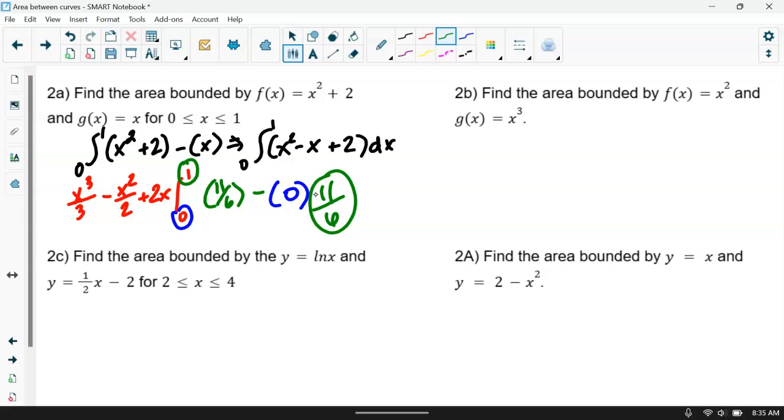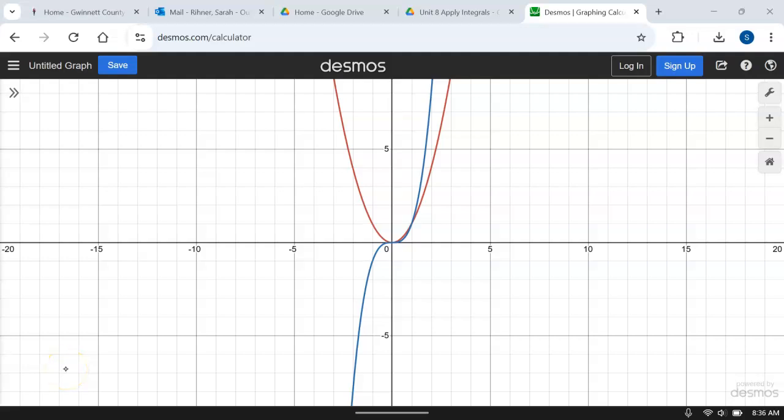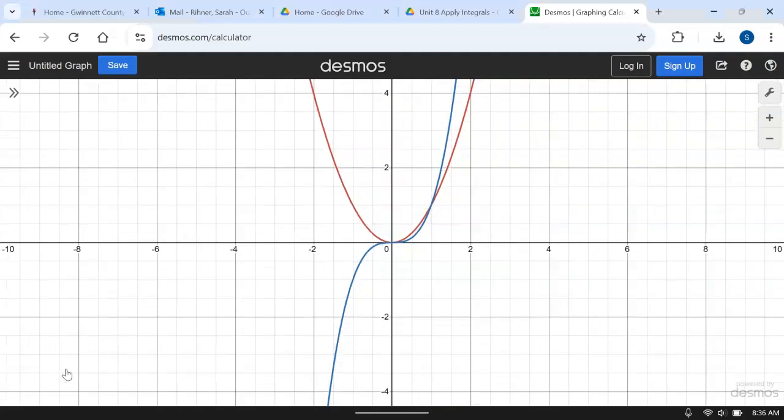So here, now notice we'll do 2b, but we're not given the boundaries. So let's go ahead and let's graph. Now we're given what x squared and x cubed are. So go ahead, pause the video, and let's see if you can identify the boundaries. And so here you should have your graphs.